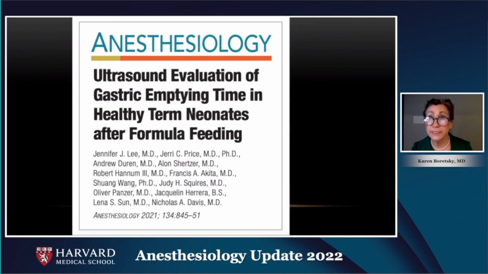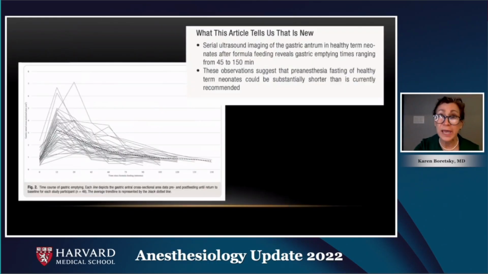In Anesthesiology, just last year, 2021, there was an article which used ultrasound to evaluate gastric emptying time in healthy term neonates after formula feeding. They fed the babies and got baseline scores. What they found was that these term neonates, whether fed formula or breast milk, had empty stomachs at 150 minutes.